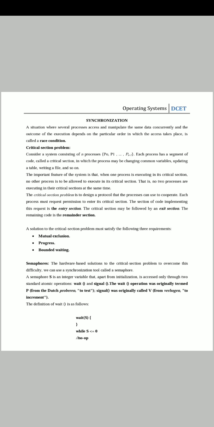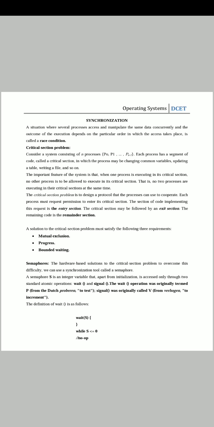To make the process synchronization or cooperative processes execute in some order, I need to execute the processes in some order. It means that if one process is executing in its critical section, other processes should not enter into their critical section.